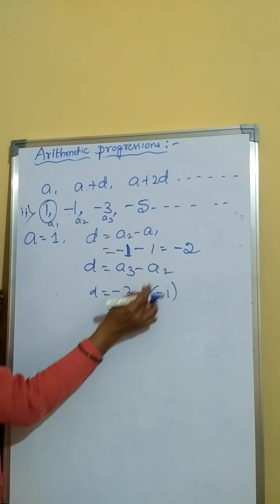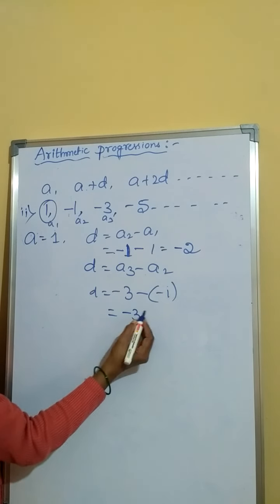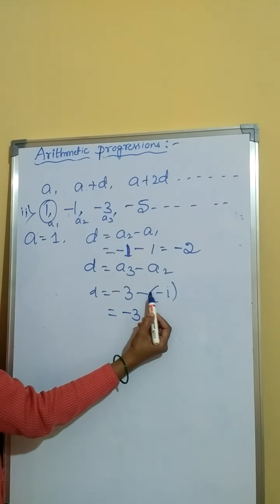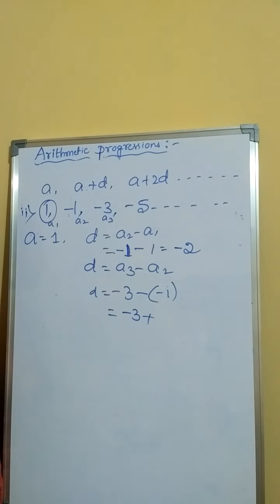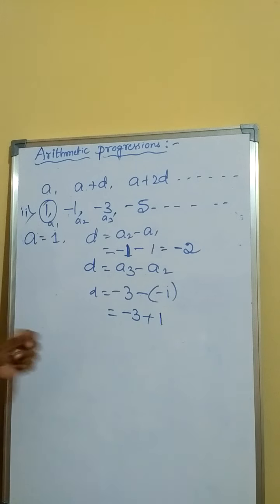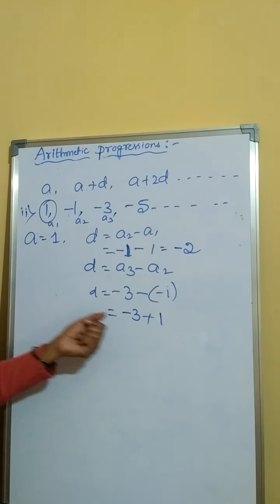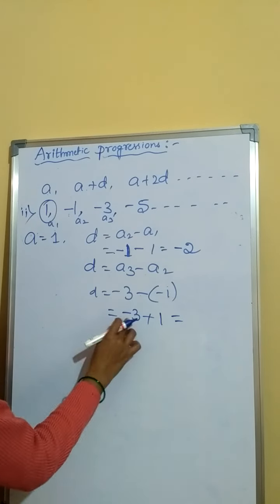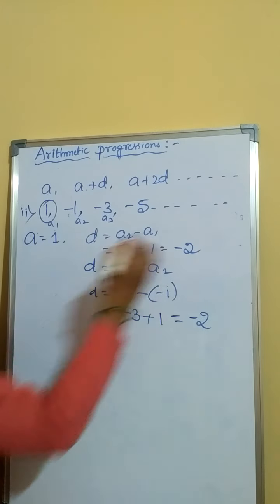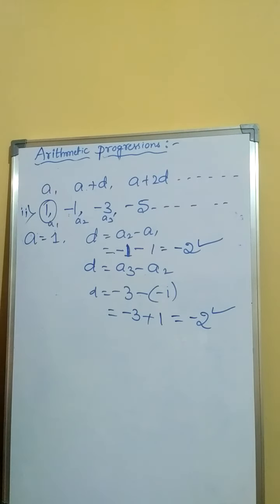And minus A2 is minus 1, hence I am putting a bracket here. So now minus 3, put here minus into minus, that is plus. And this 1. Now, both are having different signs. We need to subtract. So, minus 3 plus 1 is minus 2. So, no doubt students, here also we got D as minus 2.